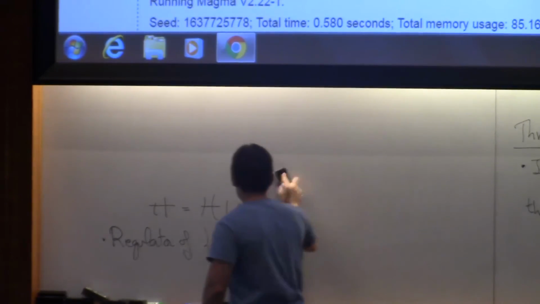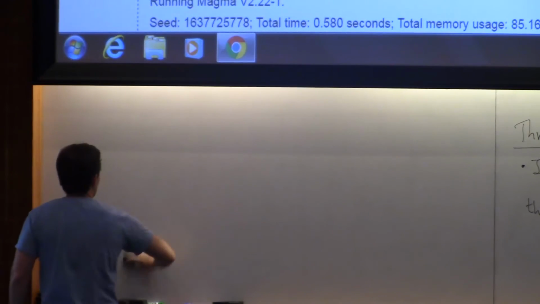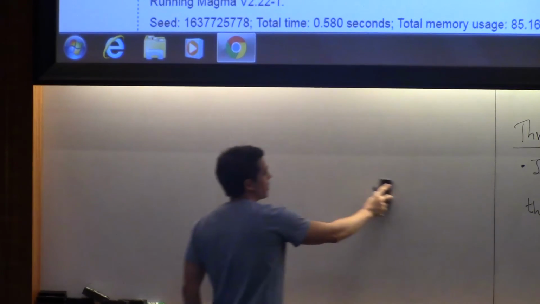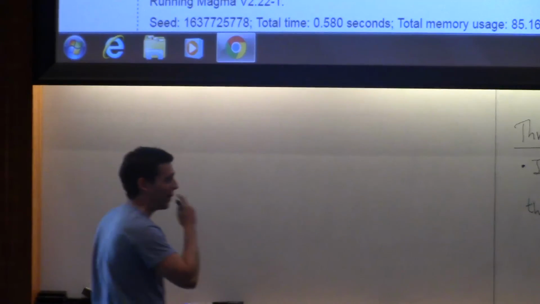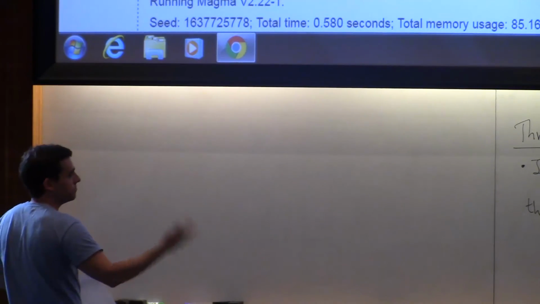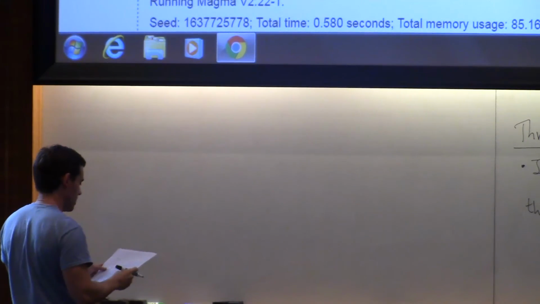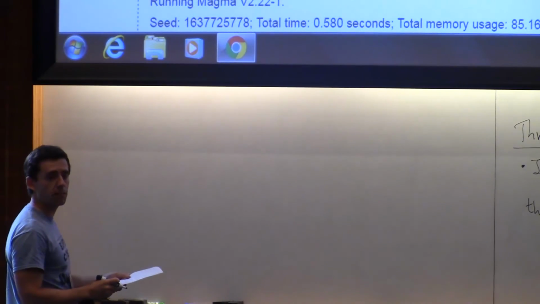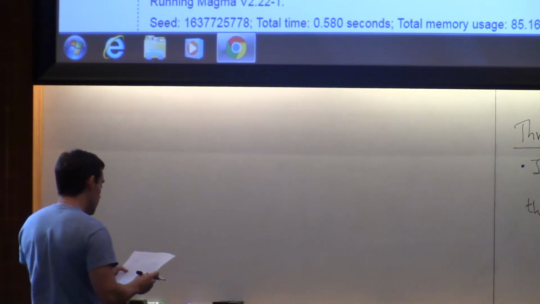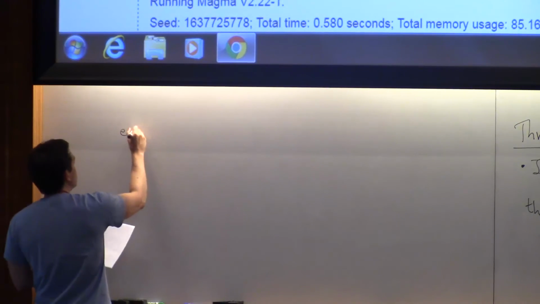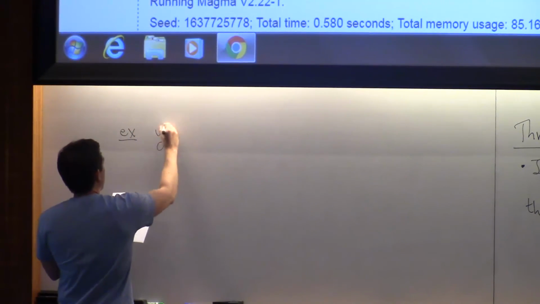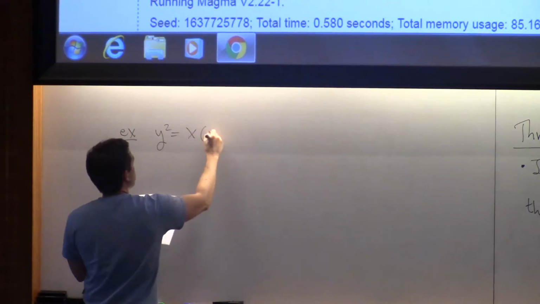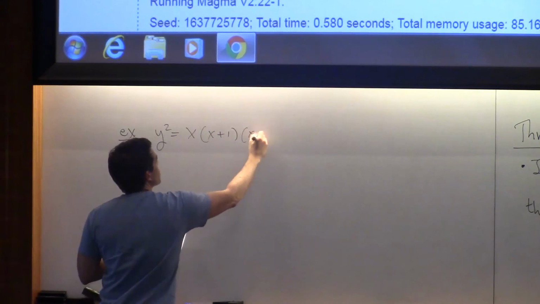And you can ask yourself, well, how good is that bound? And I did ask myself that question. I wrote a paper a while ago about it, and I found elliptic curves, I think, up to rank 12 where that bound is sharp. But in any case, you can use it, and it actually gives you some good information.